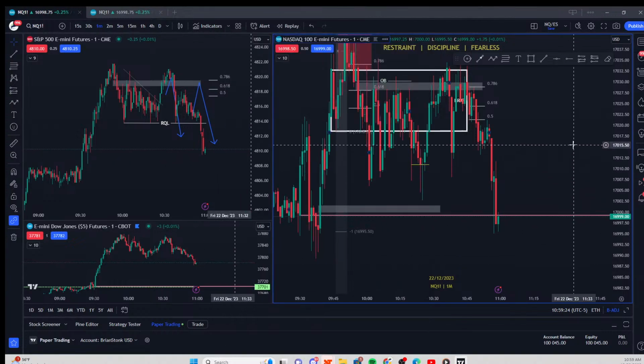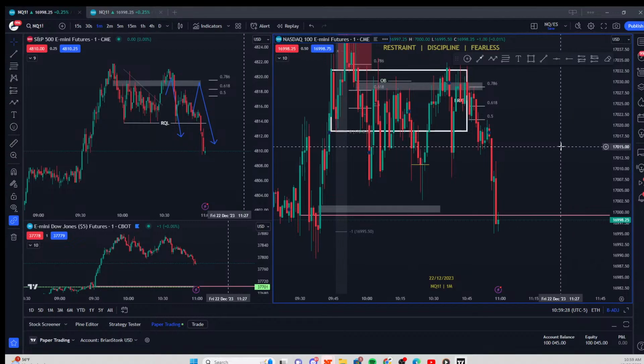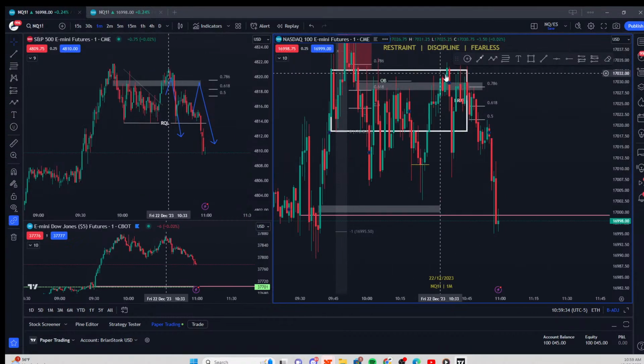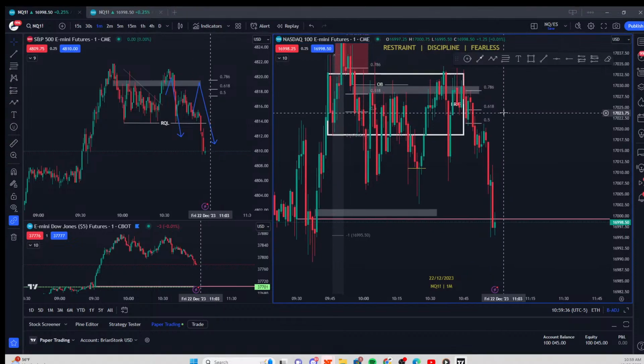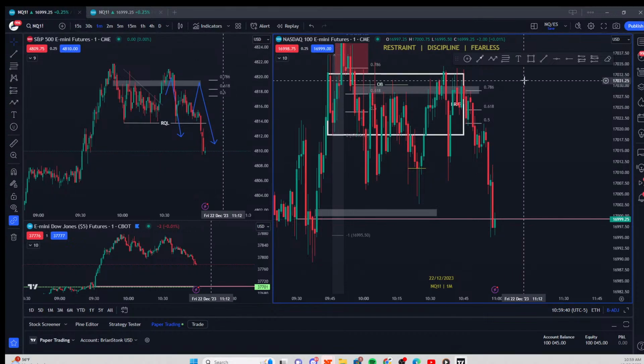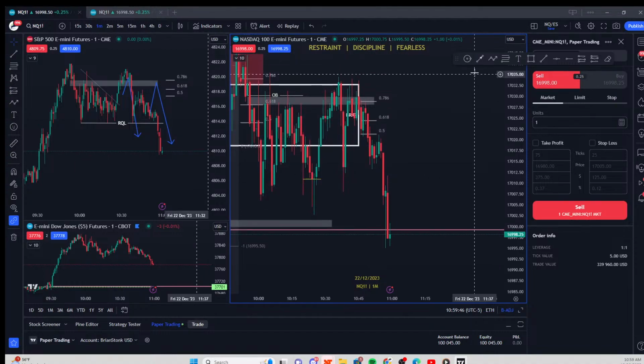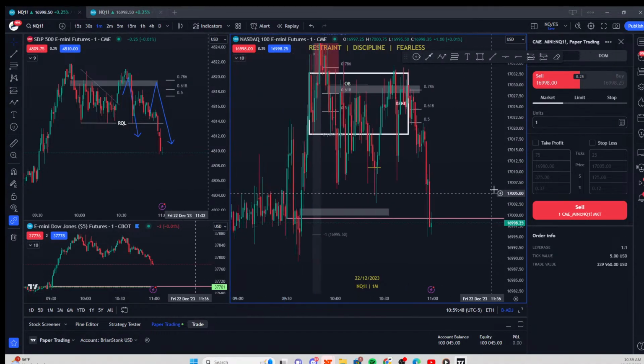If you want the actual order tab, press the trade button next to the blue paper trading icon. Oh, right here? Oh. That's not bad. That's not bad.